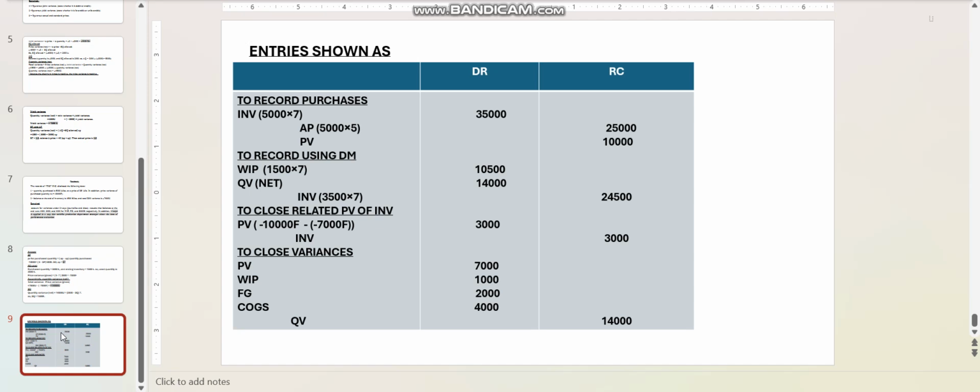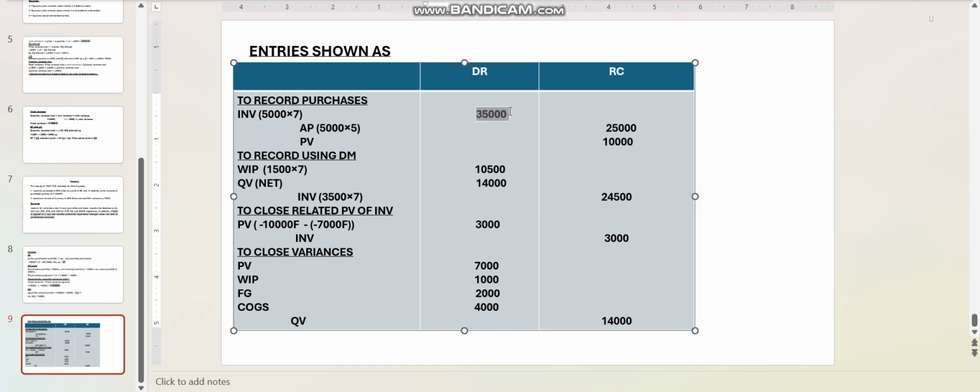So the entries are shown as follows. First entry, to record purchases, debits inventory based on standard cost of purchases, and credits accounts payable based on actual cost of purchases. Standard cost of purchases equals quantity purchased times standard price, 35,000.